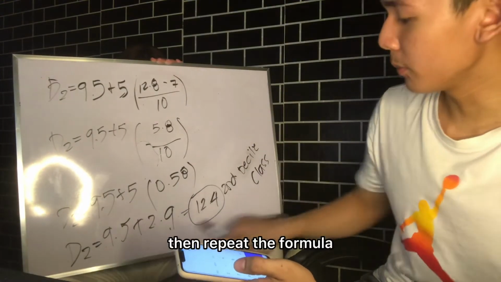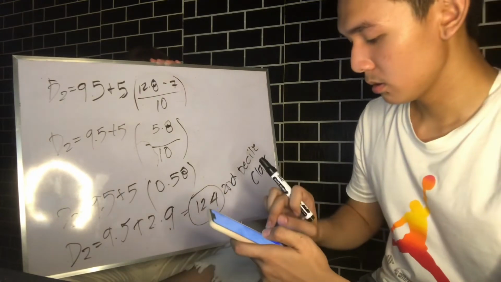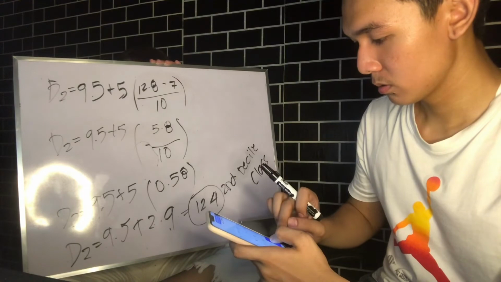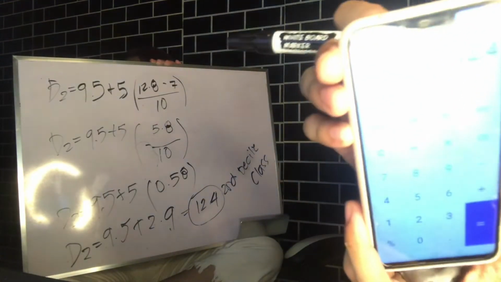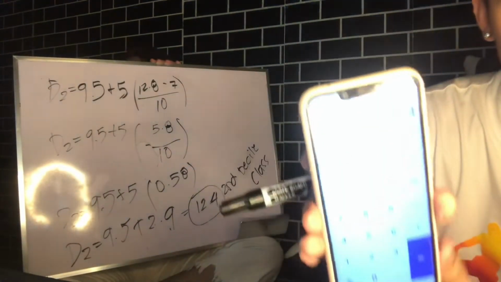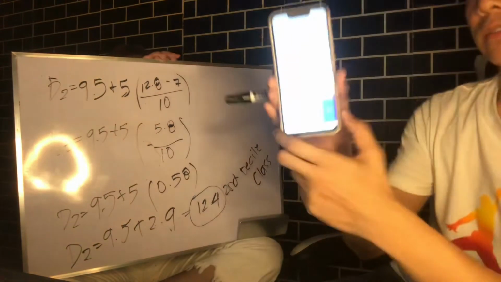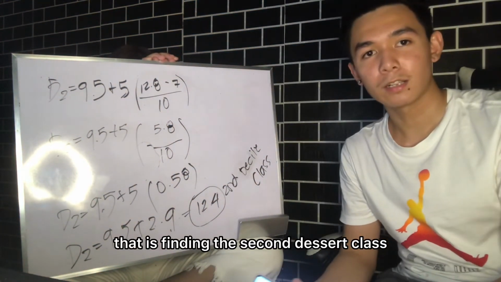Then 9.5 plus 2.9 is equal to 12.4. That is finding the second decile class.